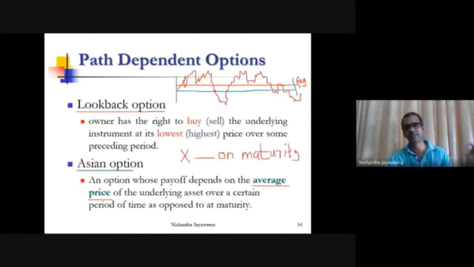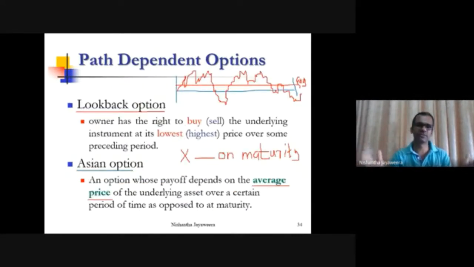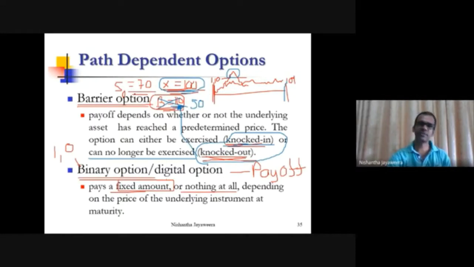What are the price movements historically, or during the life of the option? Say a lookback option, the strike price depends on the price movements during that life period. Asian option is also the same, because you take the average. In a barrier option, during the lifetime, if the price traded that level, either you are knocked in or knocked out. So path dependence. Only the binary option, you cannot say is path dependent.